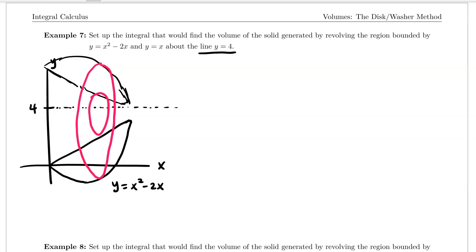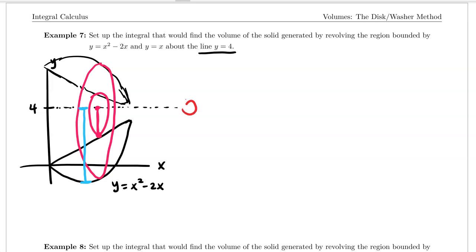And I have a washer or a donut, so I'm going to have essentially my inner radius, which will be the distance from the line y equals 4 to where I touch my curve here, and then the outer radius will be the distance from the line y equals 4 to my curve down here. So this blue thing will represent my outer radius, and then the shorter line segment that I drew will represent the inner radius.